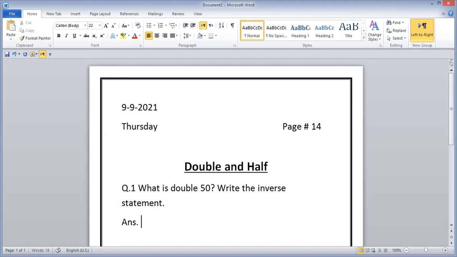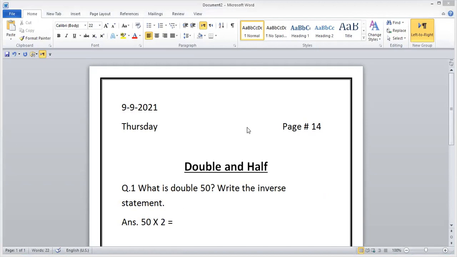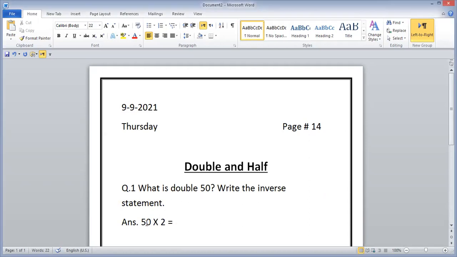So first, you are going to find out the double of 50. For that, 50 multiplied by 2 equals what? 100. Very good. 50 multiplied by 2 equals 100.